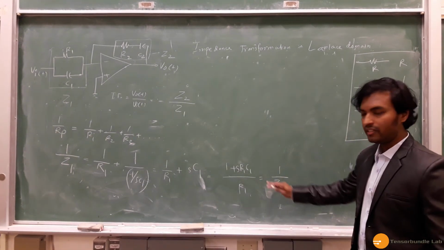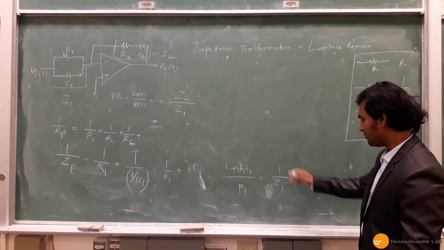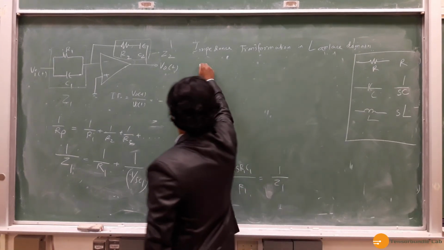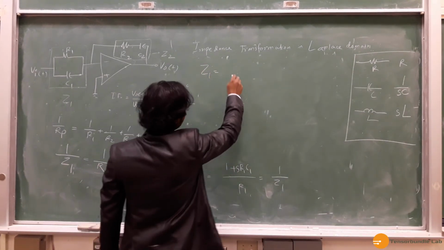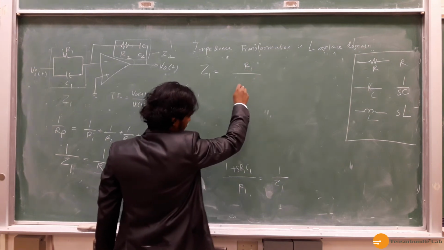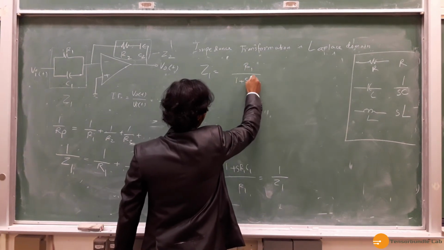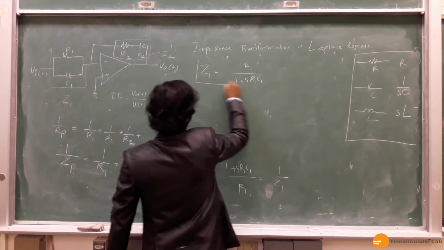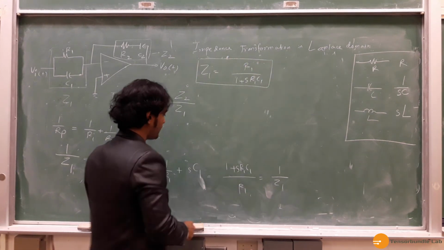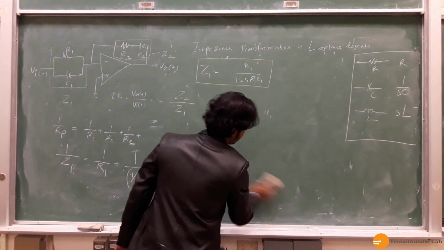And if we just invert it, because we have the reciprocal, then the Z1 value becomes R1 over (1 plus S R1 C1). So we got Z1. Now time to find out Z2.